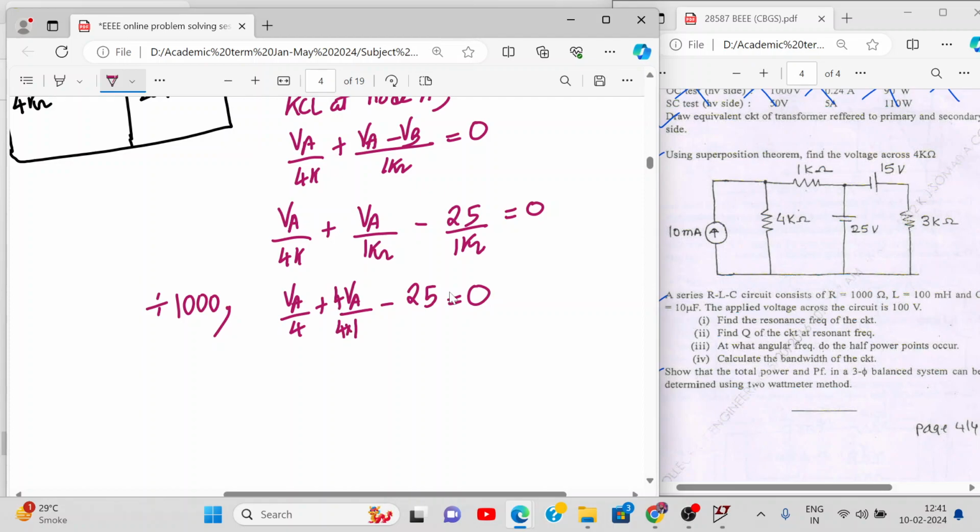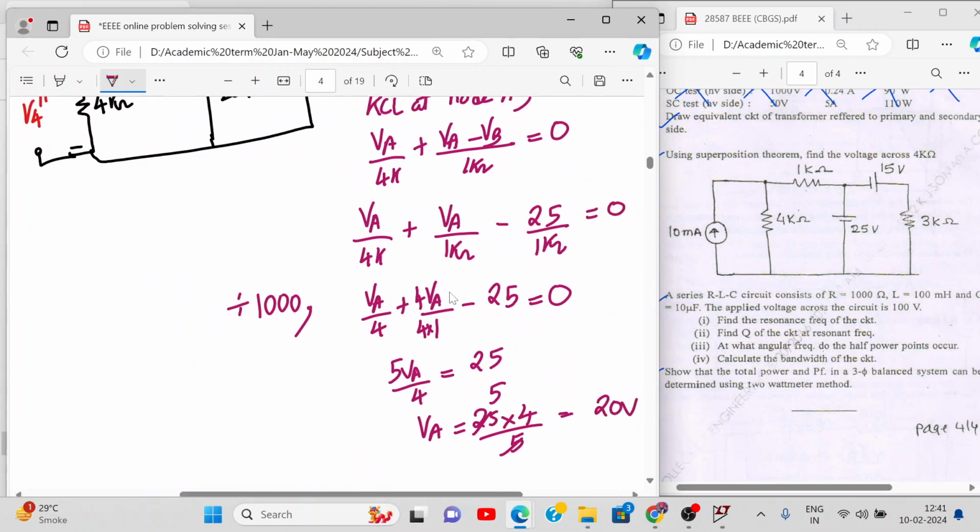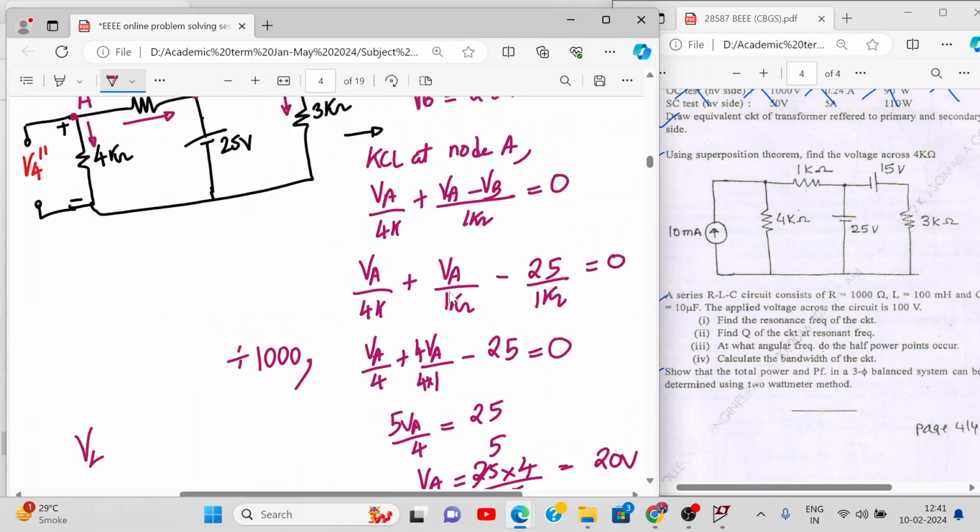So how much do we get? 5 VA by 4 is equal to 25. So what is VA? 25 into 4 by 5, which is 20. So VA is 20, that means V4 double dash is 20 volt.